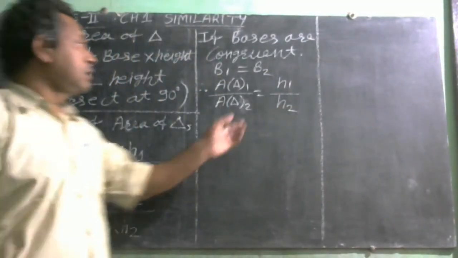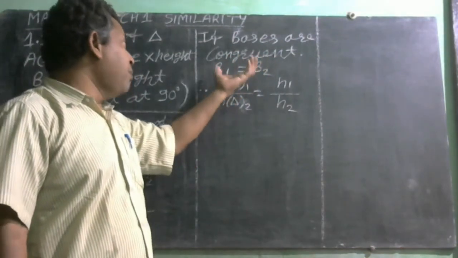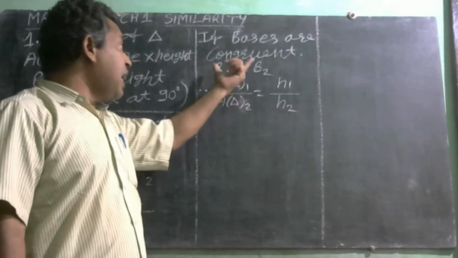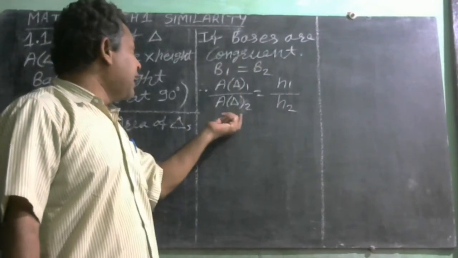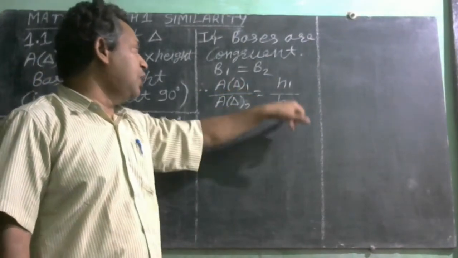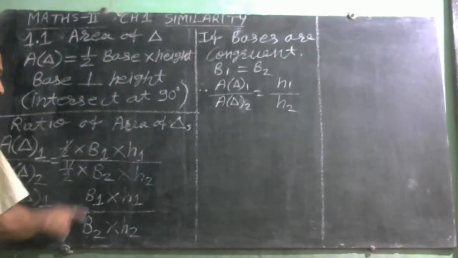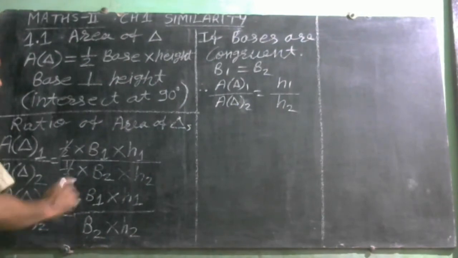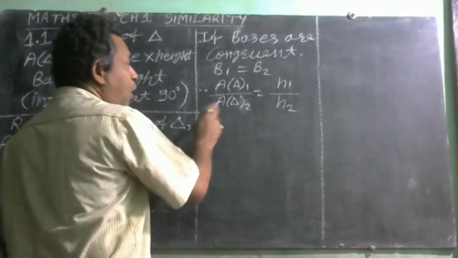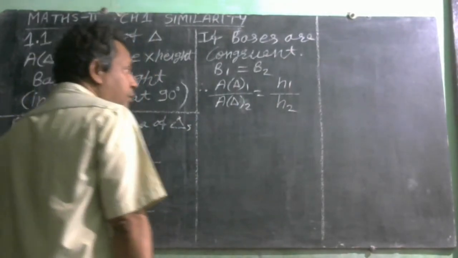That means in some conditions bases of two triangles may be same or congruent. In that case, area of triangle 1 upon area of triangle 2 equal to H1 upon H2, because B1 and B2 are congruent, so they may be cut. Okay? That means area of two triangles will be proportionate to the height of the two triangles.